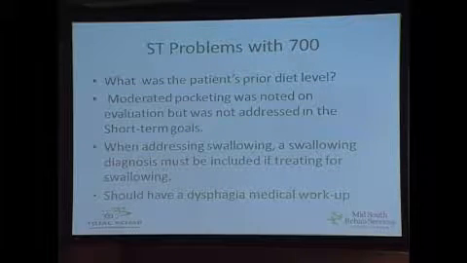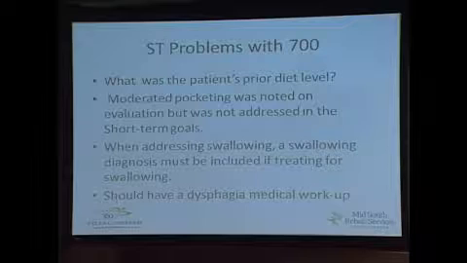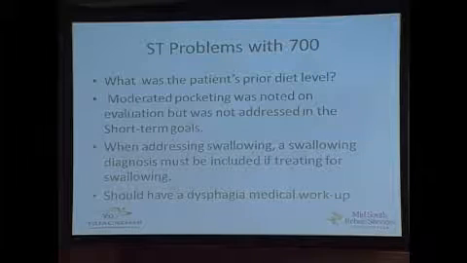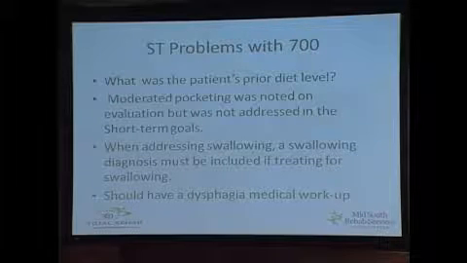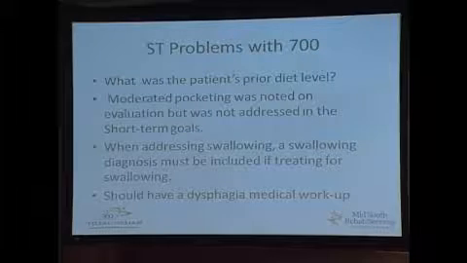Speech pathology. Speech therapists, speech pathologists. When you do an evaluation, even if there is one goal, if you document a swallowing problem, whether it's pocketing or whatever, you need to bill for a speech evaluation, you need to bill for a swallowing evaluation, and you need to treat that swallowing problem. Is that clear?